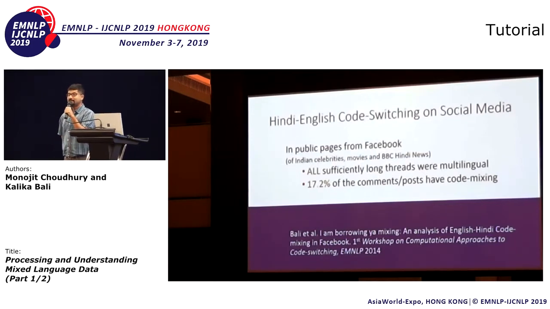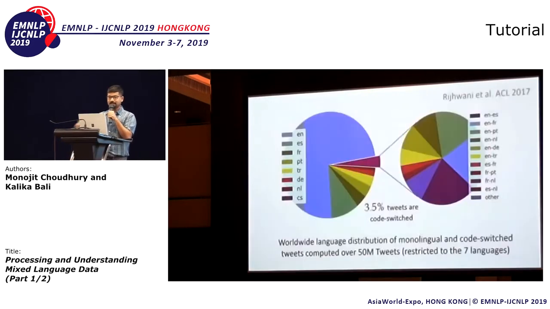I'm very precise here, multilingual, not code mixed. Meaning they were in more than one language in the thread. But 17% of the posts were code mixed. In a single post, there were multiple languages in 17% of the cases. 17% is a huge number, right? If you are thinking of a big social media platform like Facebook.